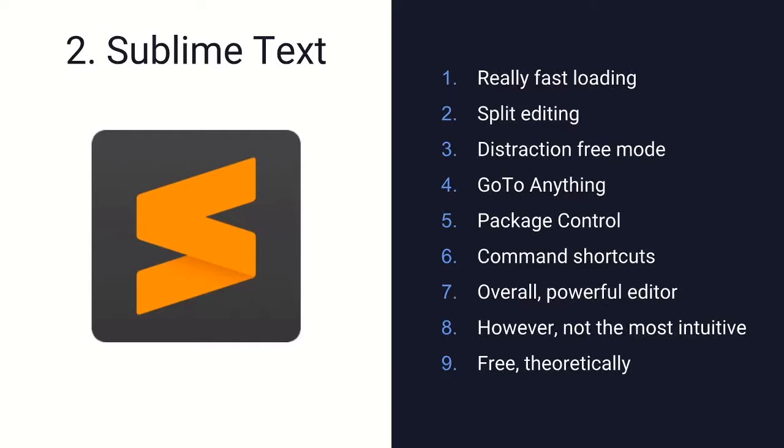It has distraction-free mode, it has a search bar that allows you to go to anything, and search for any files or extensions that you need to find really quickly. It has a great package control. It has wonderful command shortcuts. Overall, it is a really, really great, powerful, professional editor. However, it is not the most intuitive one in my opinion, so it might take a little bit of time to get used to it.